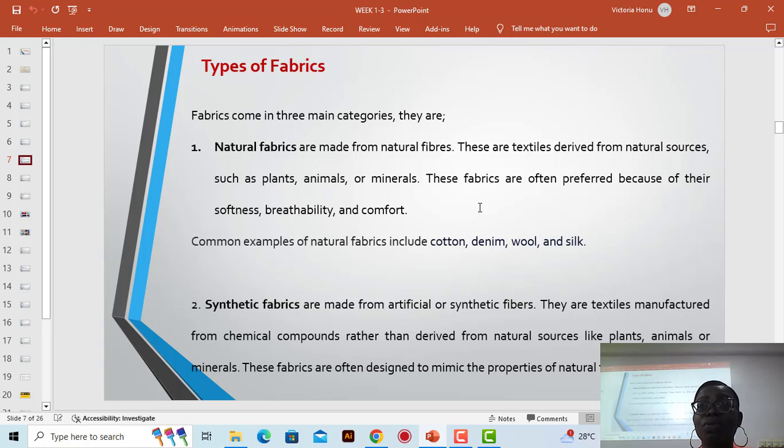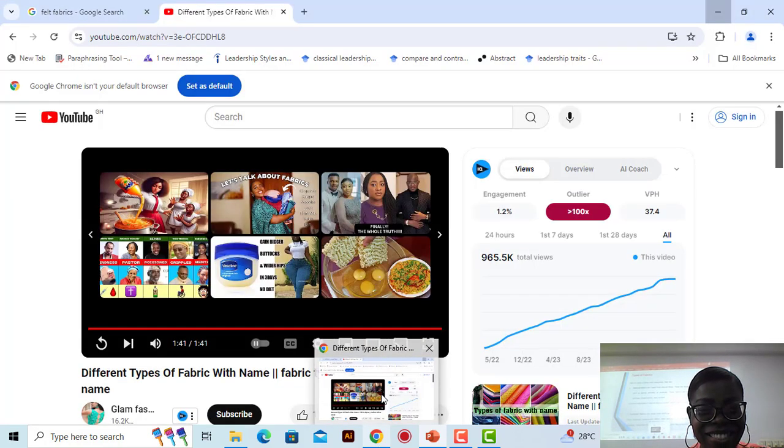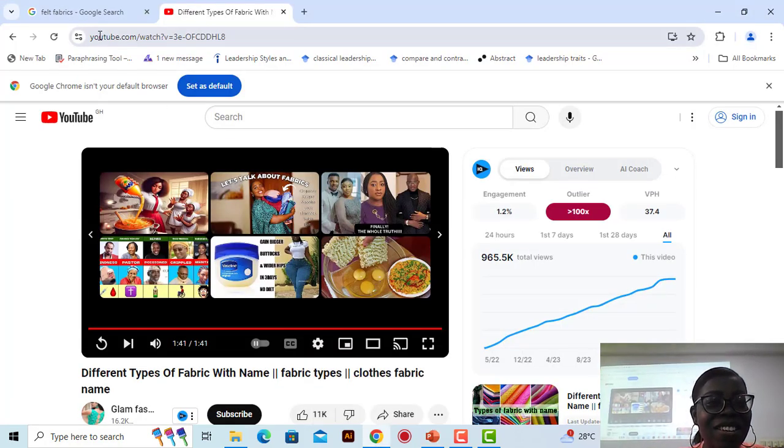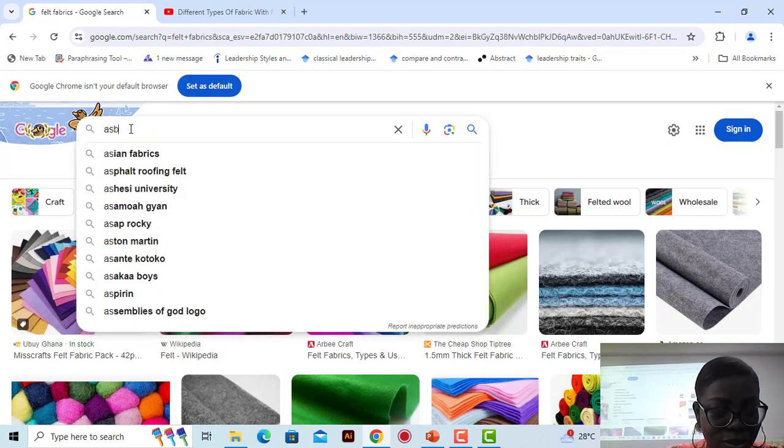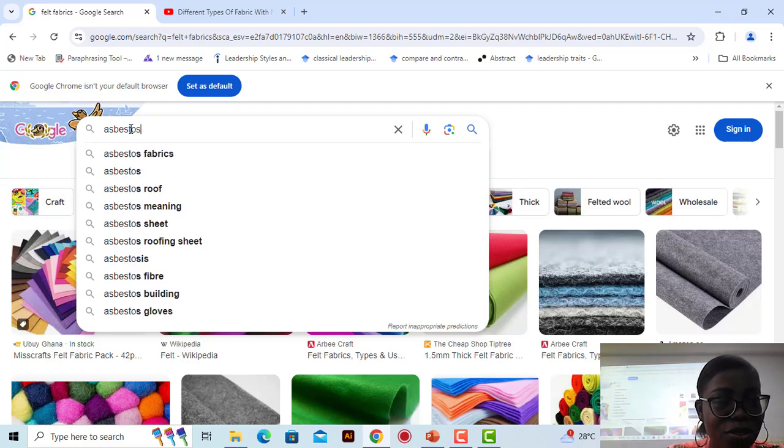Are you confused? You don't even know what asbestos is. I will type it for you to see. Don't worry, it is a class, so I will show you whatever I need to show you.